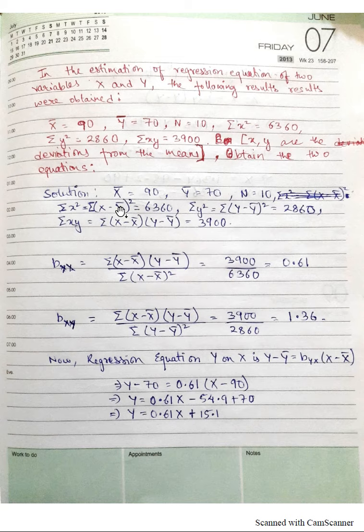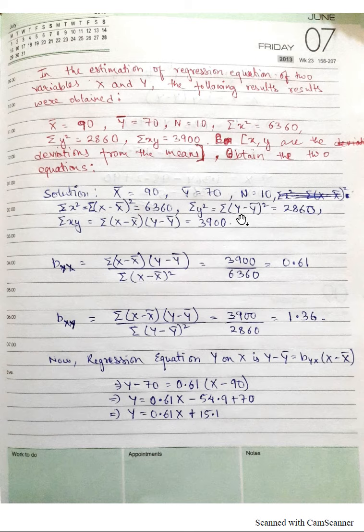So summation small x square will be summation x minus x bar whole square is equal to 6360, and small y is equal to y minus y bar. So summation small y square will be equal to summation y minus y bar whole square is equal to 2860, and summation small x into small y is equal to summation x minus x bar into y minus y bar, since small x is equal to x minus x bar and small y is equal to y minus y bar, is equal to 3900.